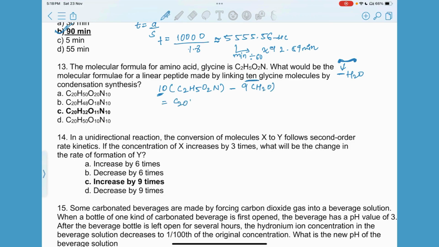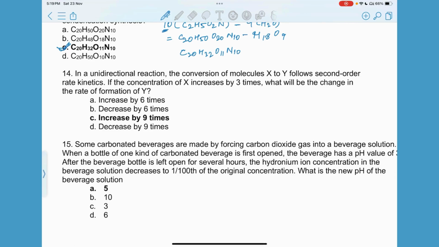This will become C20H50O20N10 minus H18O9, which when we solve will become C20H32O11N10. So it will be option number C.